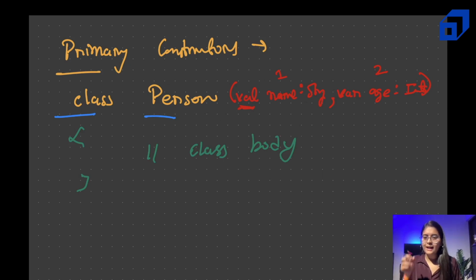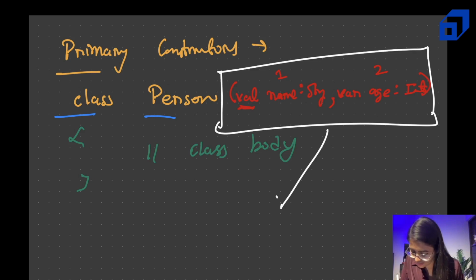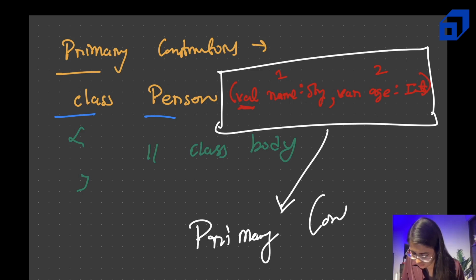We write fun, then the name of the function, and then we pass parameters. In a similar fashion, if you have to pass details, data of users or anything to classes, then this is quite an interesting concept. So this whole part right here is your primary constructor. Clear?